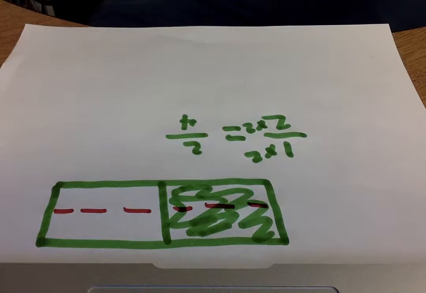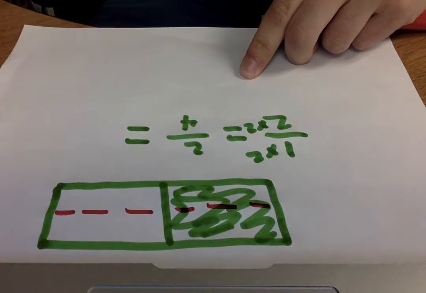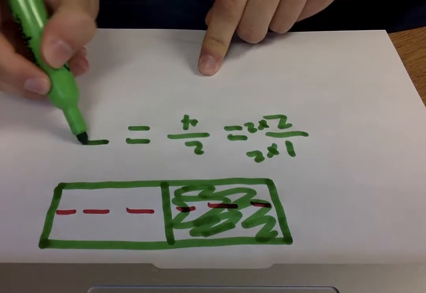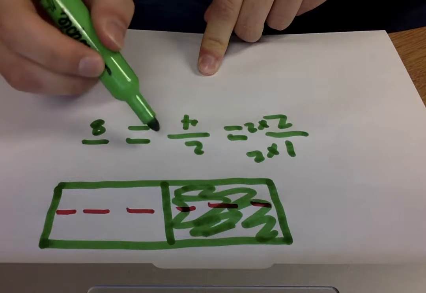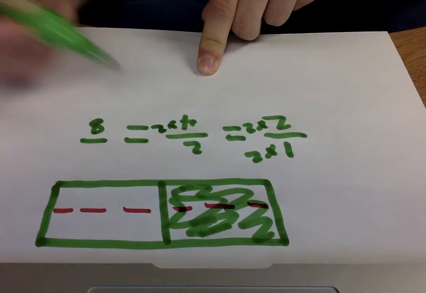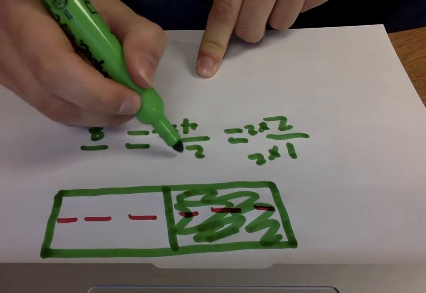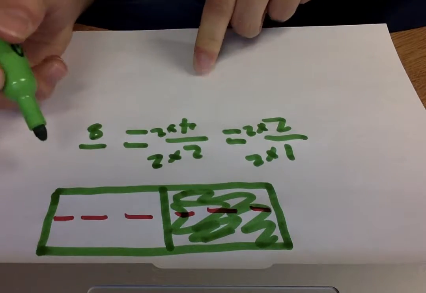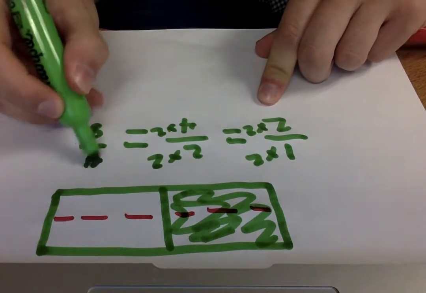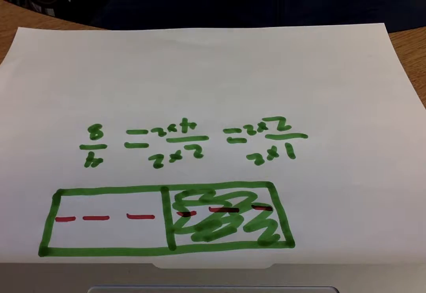I can also decompose it into eighths. So I can find the equivalence of 1/2 and 2/4 and find it in eighths. I know that if I multiply 4 by 2, I will get 8, so I must multiply 2, our numerator, by 2 as well, and that equals 4/8.